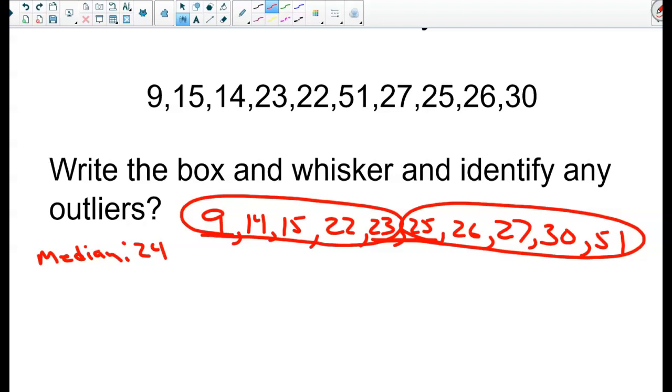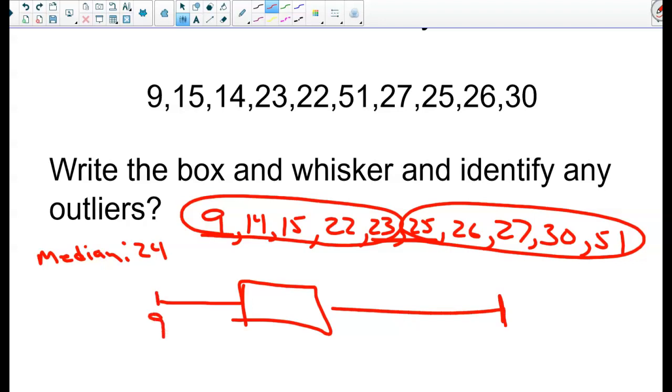So in this case, when I draw my box and whisker, 9, 51. The median of the numbers to the left is 15. The median of the numbers to the right is 27. So my actual median is 24.